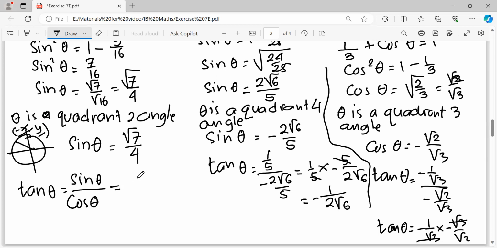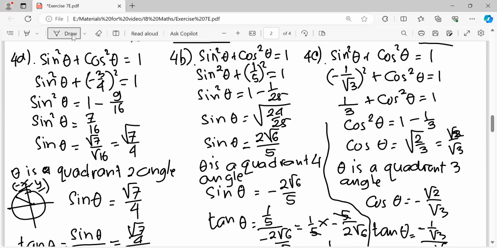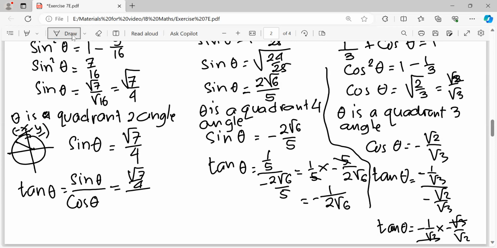Sine theta is square root 7 over 4, over cosine theta, negative 3/4.